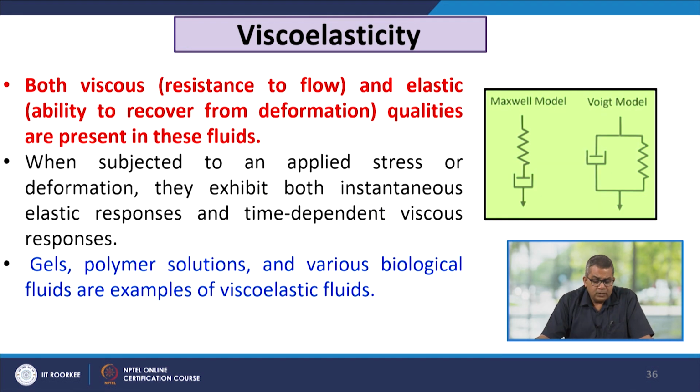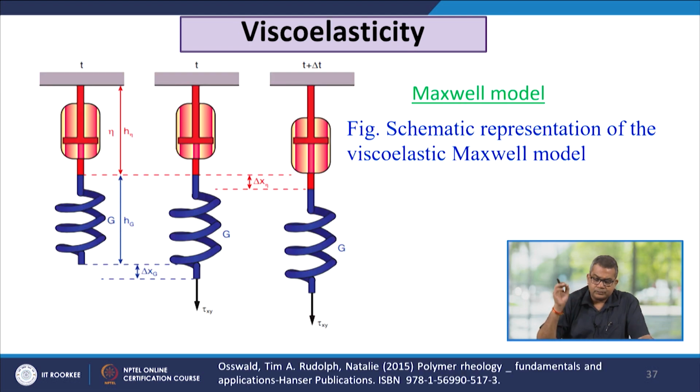Both viscous, that is a resistance to flow, and elastic, that is the ability to recover from any kind of deformation, these qualities are present in these fluids. So when subjected to an applied stress or deformation, they exhibit both instantaneous elastic responses and time dependent viscous responses. Gels, polymer solutions, and various biological fluids are the best examples of viscoelastic fluids.